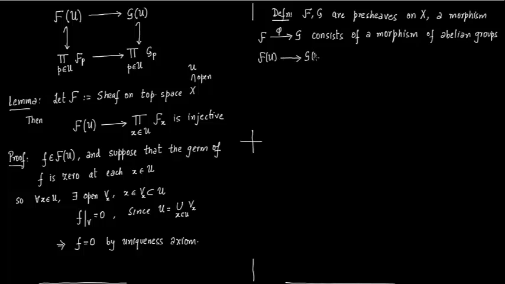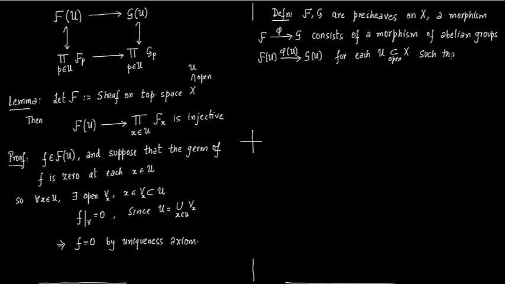We call the morphism phi_U, just to remind you that the morphism depends upon the set U, which is open in X. So for every set U you have a morphism, so there are infinitely many morphisms like this.